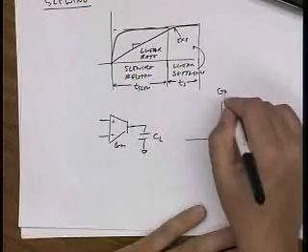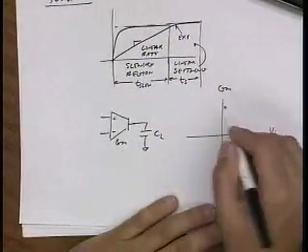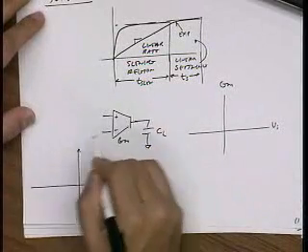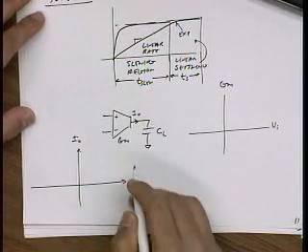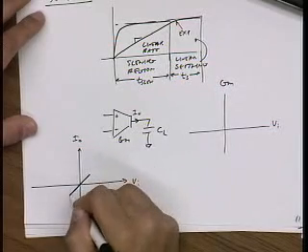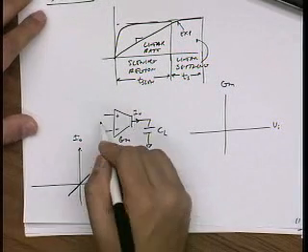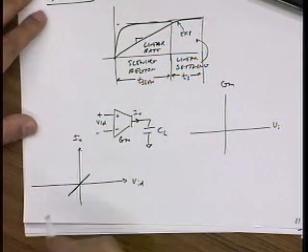If I plot GM versus the input signal, well, let me first plot the output current versus the input signal. I know I'm going to have a linear region where the output current is more or less proportional to the input voltage. Let's call this the input differential voltage.